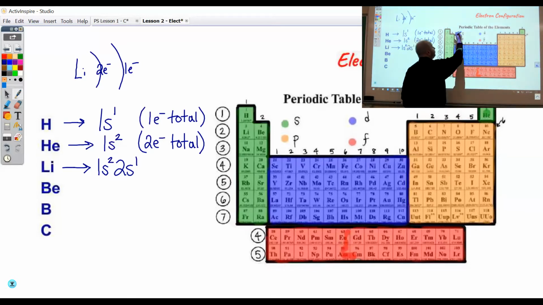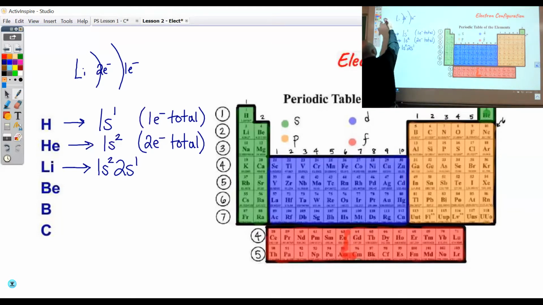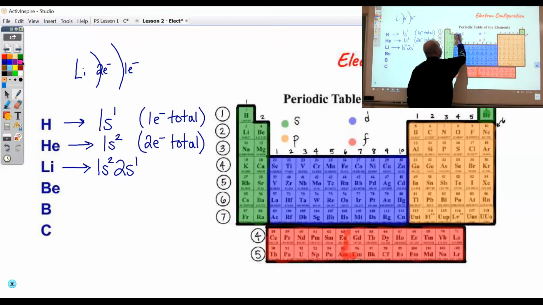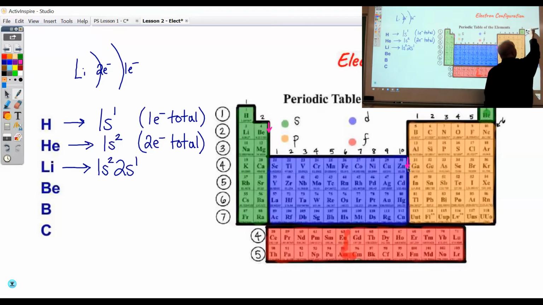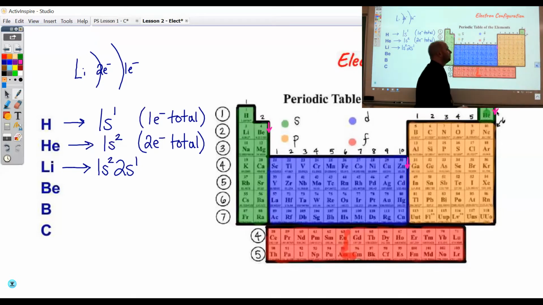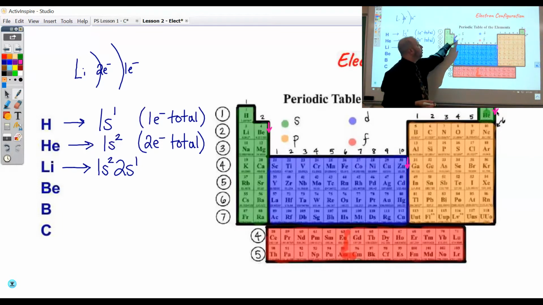So those special spots are going to be anytime you cross over here, all the way down, anytime you cross over here, all the way down, and anytime you cross over here, again, all the way down. So if you cross any of those thresholds, the last element before you go across becomes part of every element afterward.